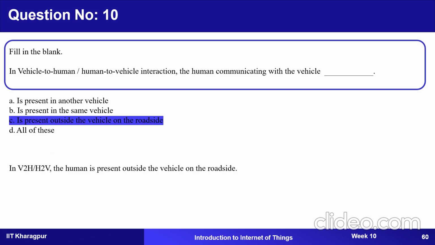So the correct option for this should be C, because if it is in the same vehicle, then it cannot be possible. Then, wait.